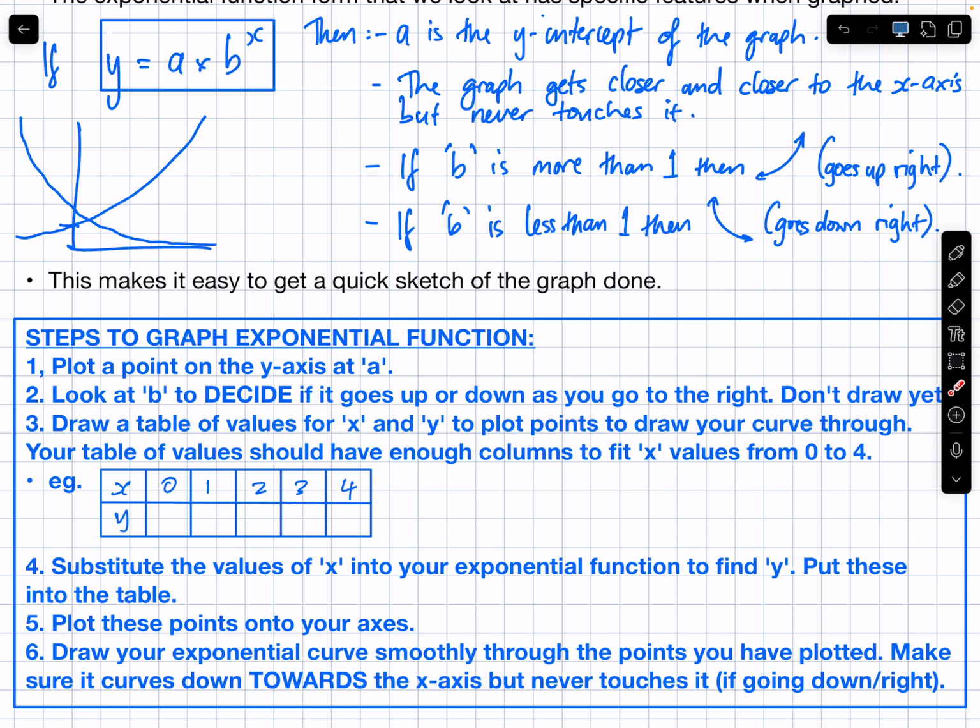Are those dots forming a straight line? No. Are they curving up to the right as expected? Okay. The only way that you're going to stuff this up is if you did straight lines between them. That's wrong. Do a curve. Just do a curve.